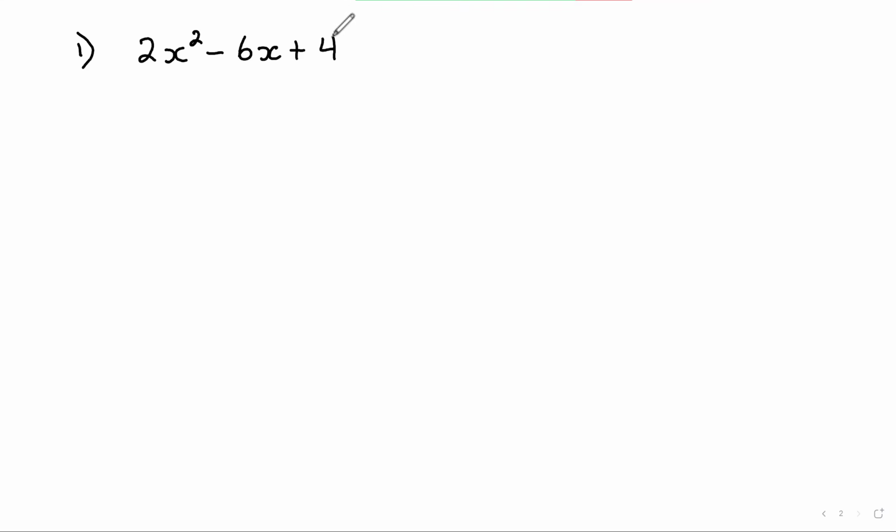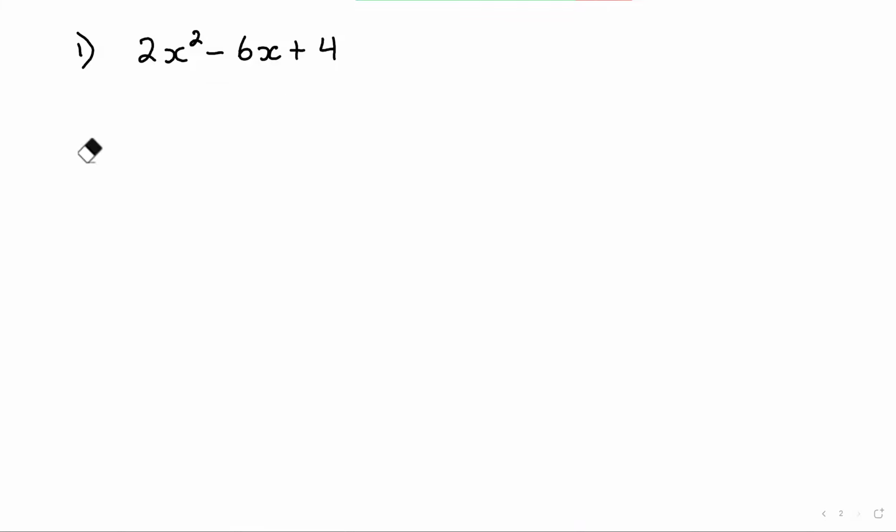So you could actually just divide this entire quadratic expression by 2 to get x² − 3x + 2, since 2x² divided by 2 is x², 6x divided by 2 is 3x, and 4 divided by 2 is 2. And then you can complete the square from there. However, you can also do this.